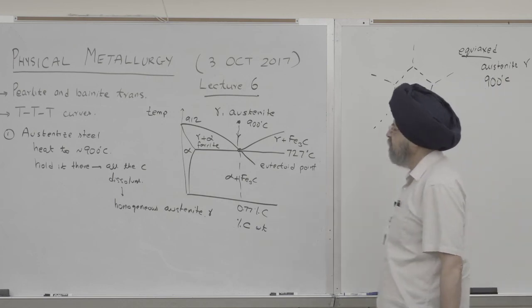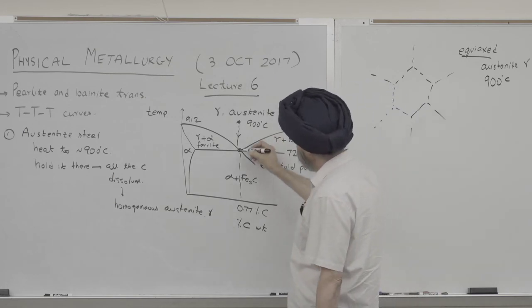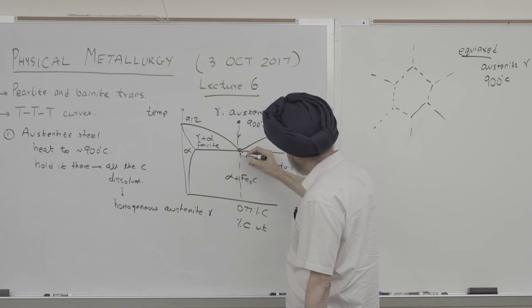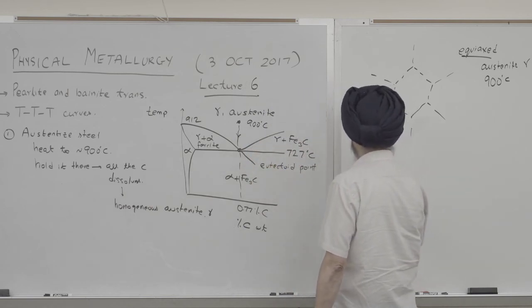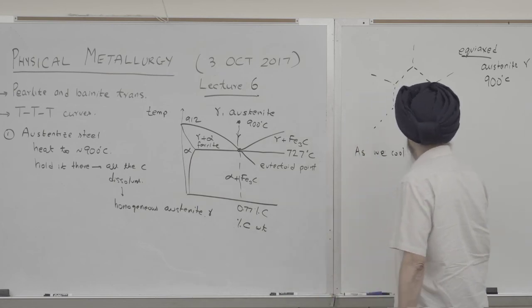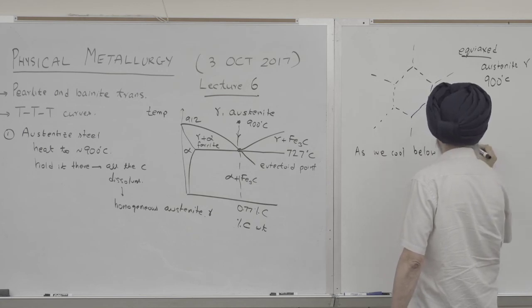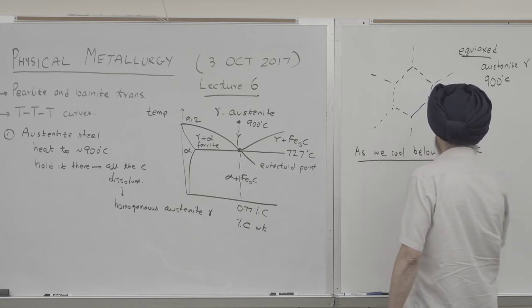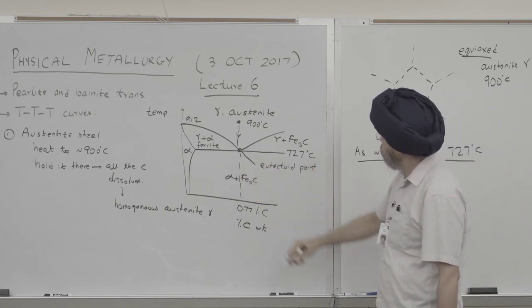So now what we want to do is to cool it. So as we cool it, as we decrease the temperature, so let's see. As we cool below 727 degrees C, what happens? So we are in this region over here.